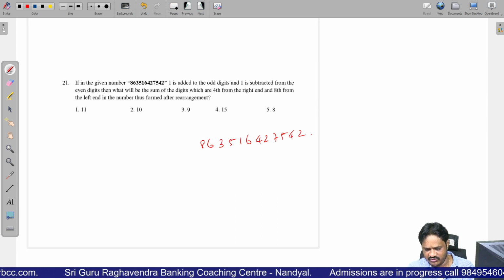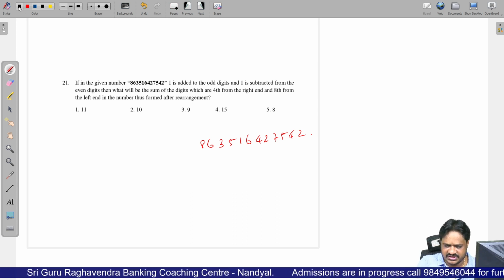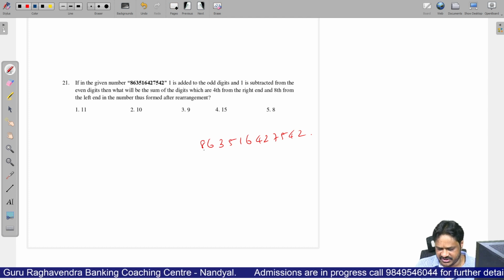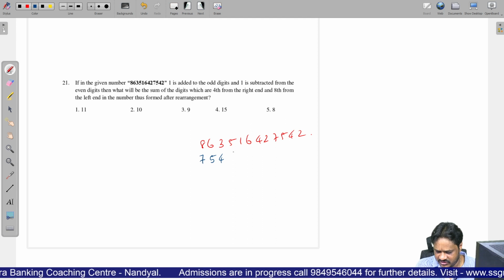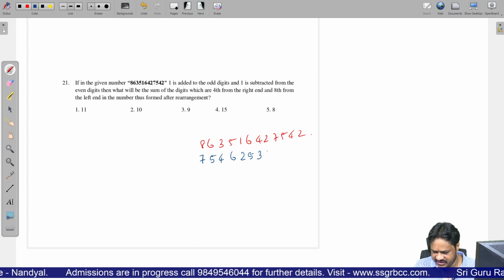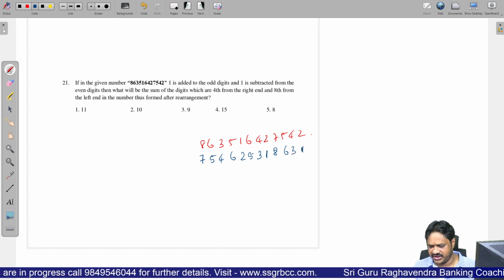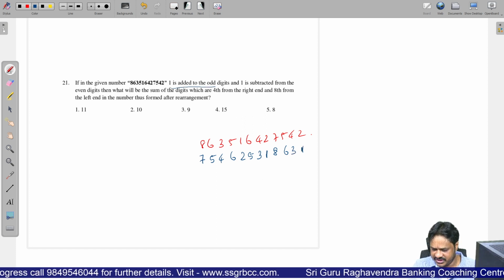So add 1 to all odd digits, subtract 1 from all even digits. Then what we will get? 7, 5, 4, 6, 2, 5, 3, 1, 8, 6, 3, 1.